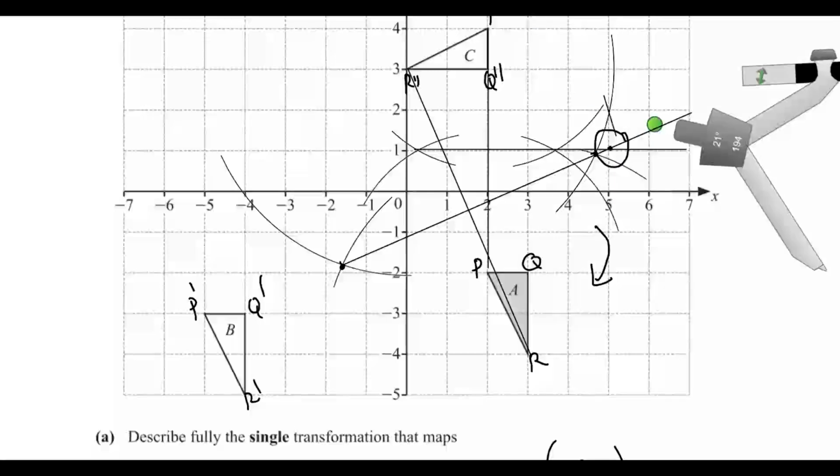Then to get the angle of rotation, we can just draw a line from this center to point Q. Then we draw a line from the center to Q prime prime, rather. Then we draw a line to the corresponding side, which is also point Q. You can see that we have a right angle between them. So we are done.